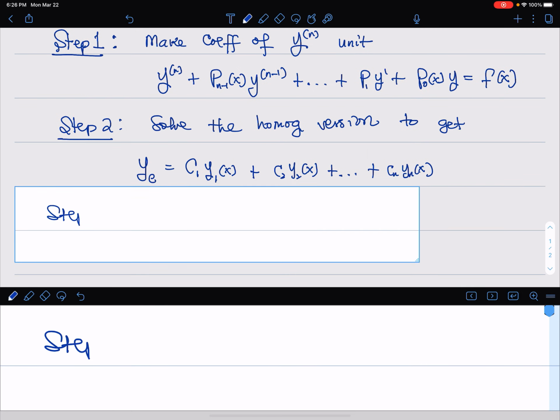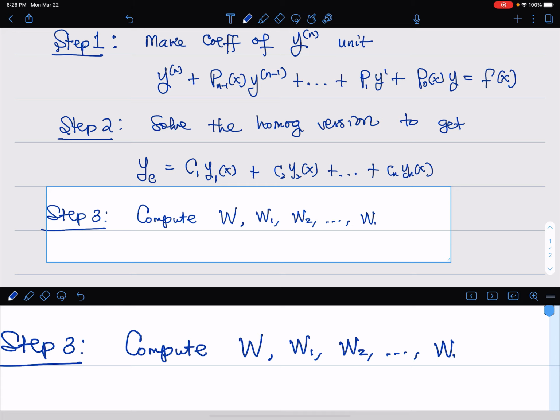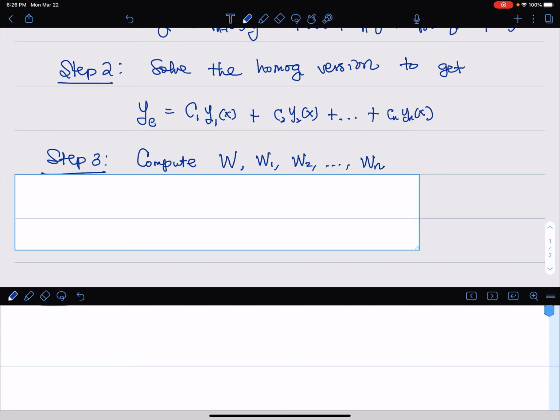The next step, step 3, is to compute the following determinants, the following Wronskians if you may: W, W1, W2, all the way to Wn. I'm going to define each of these. W is just the Wronskian of the y's: y1, y2, all the way to yn.